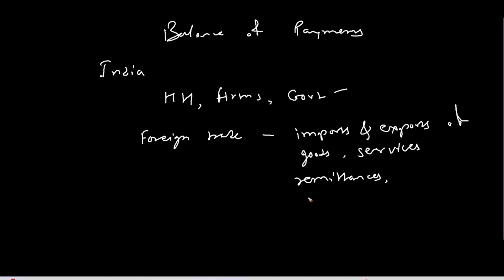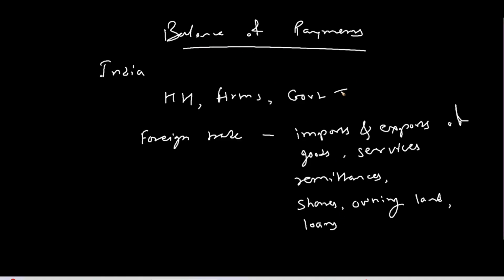There is also investment abroad, foreigners investing in the domestic economy, domestic investors investing in a foreign economy, like foreigners buying shares, owning land. Okay, giving loans, these kinds of transactions. All these transactions are recorded in balance of payment.